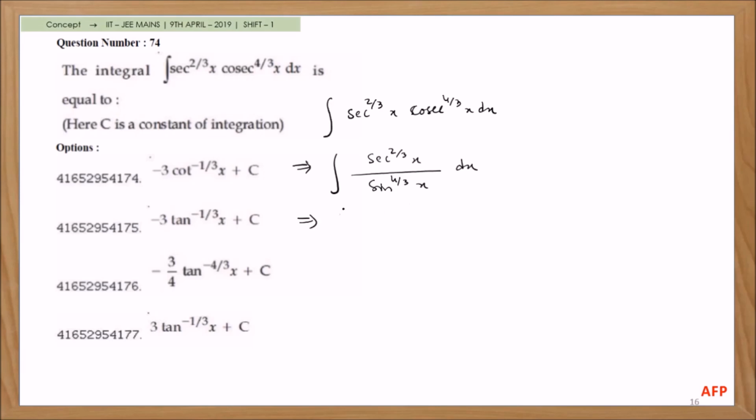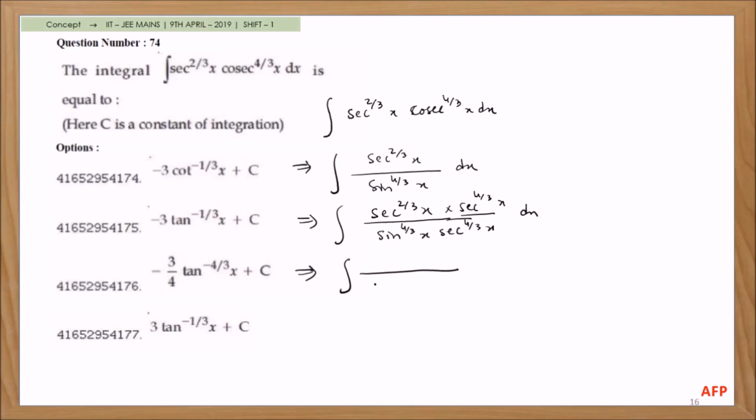Now multiply and divide by sec^(4/3) x. So what are you going to get? Denominator: this is 1 by cos, which is nothing but tan^(4/3) x dx. Numerator: bases are same, powers to be added. If you add the powers, sec^2 x you are getting.